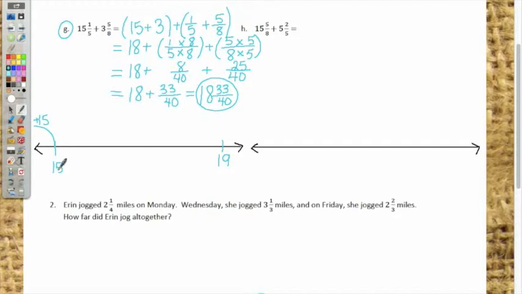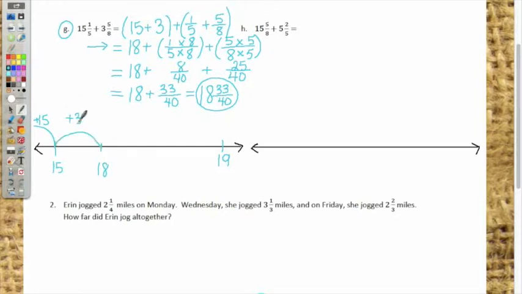Okay. Jesus, what's the second number from the left that I'm going to write on the number line? Remember, it's in the second row. 18. Now, what do I add, Jair? 3. Add 3.